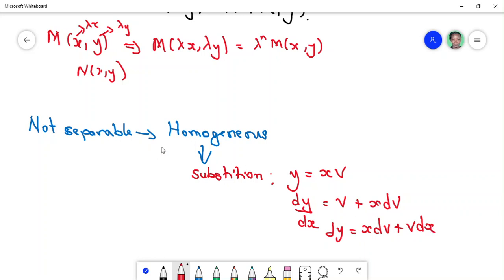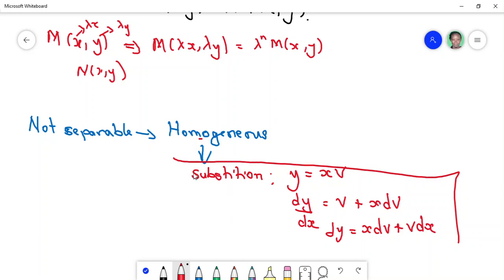So we use this substitution to solve, but you first have to check if the equation is homogeneous. And if it is homogeneous, then I can use this substitution to solve my differential equation.